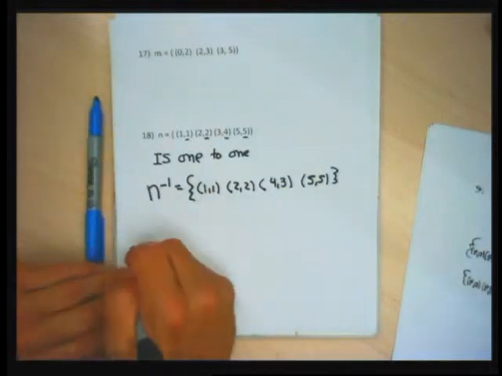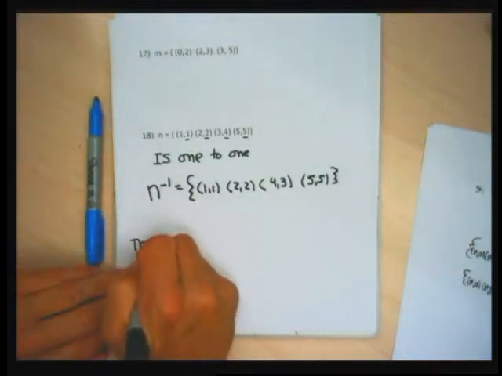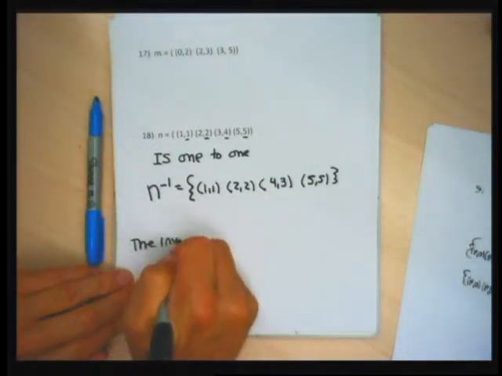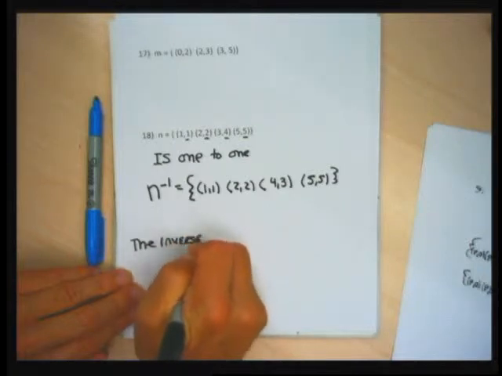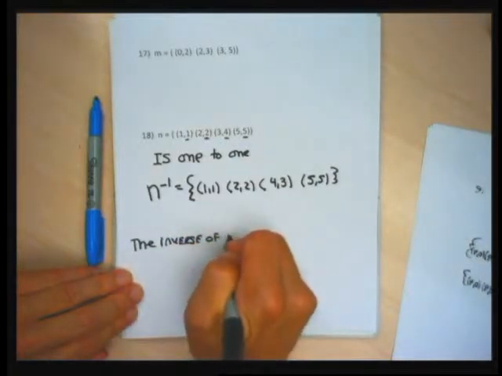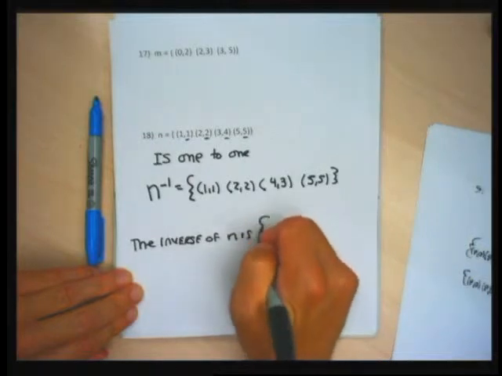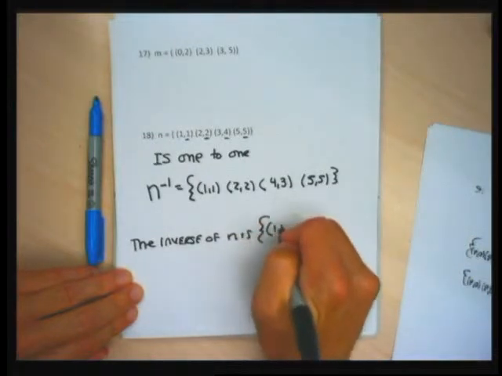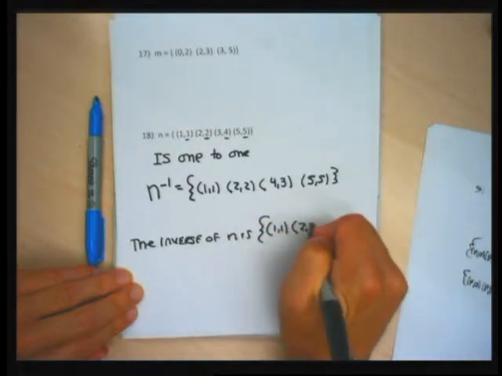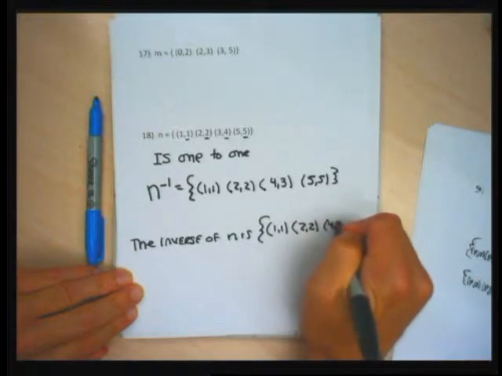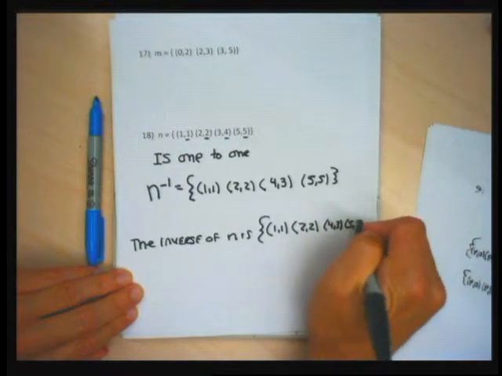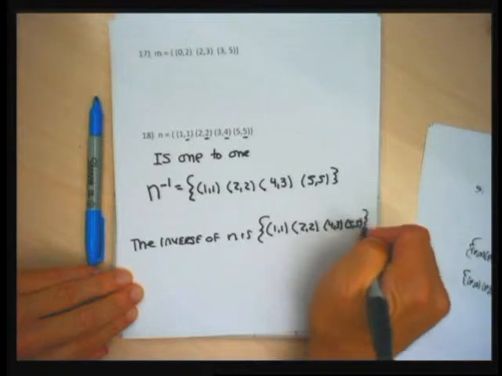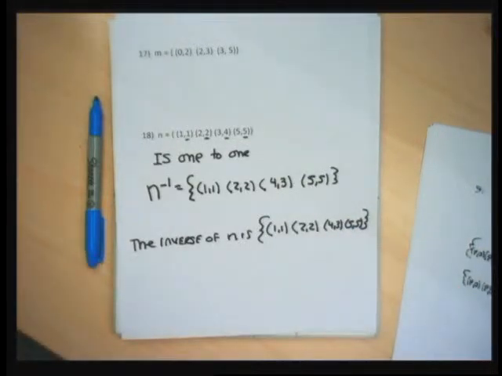If you want, instead of using the symbol, you can say the inverse of n is, and then write the same stuff. But in most math books, you're going to see the negative 1 exponent notation to mean inverse rather than using the words.